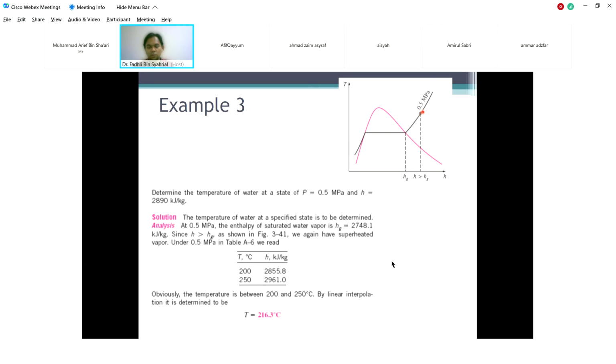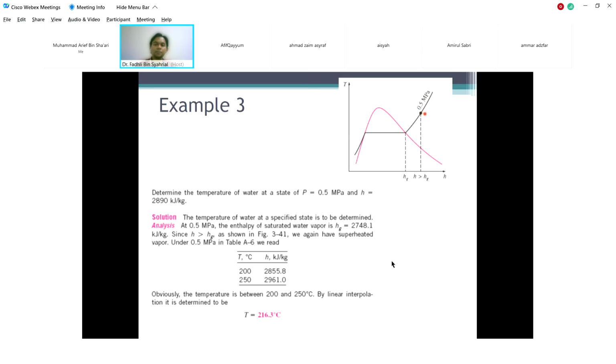Once we know the state or phase of the substance, then we can solve the question. So you can go to step number 4: determine the temperature of the water. The point here means that the phase is superheated vapor.